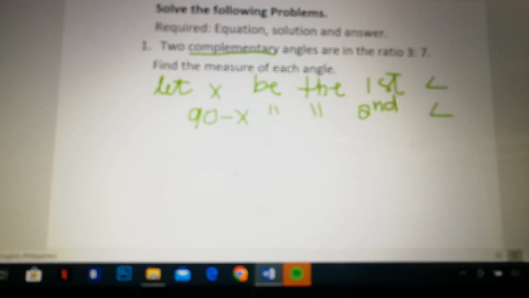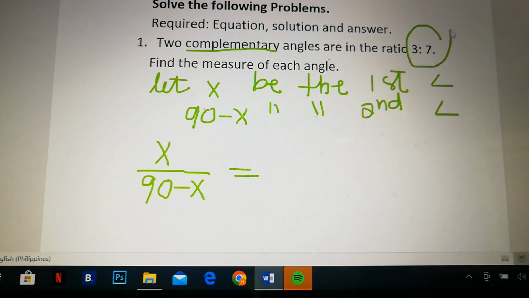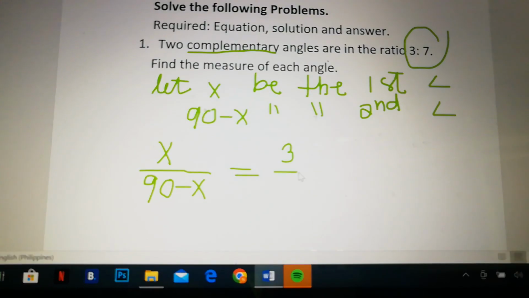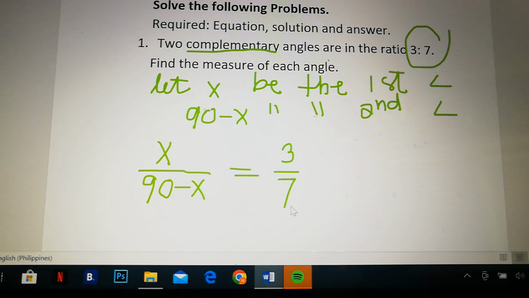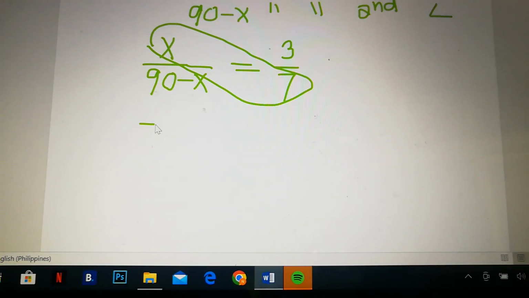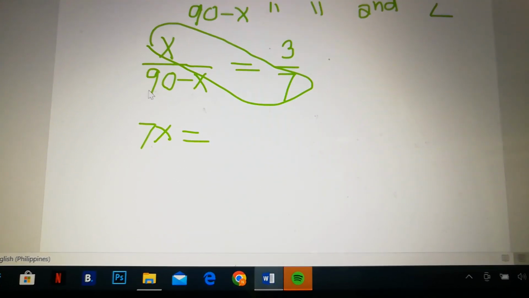So what is now our equation? x over 90 minus x is equal to the ratio 3:7, so 3 over 7. If you cross multiply, the product of the extremes, 7x, is equal to the product of the means.